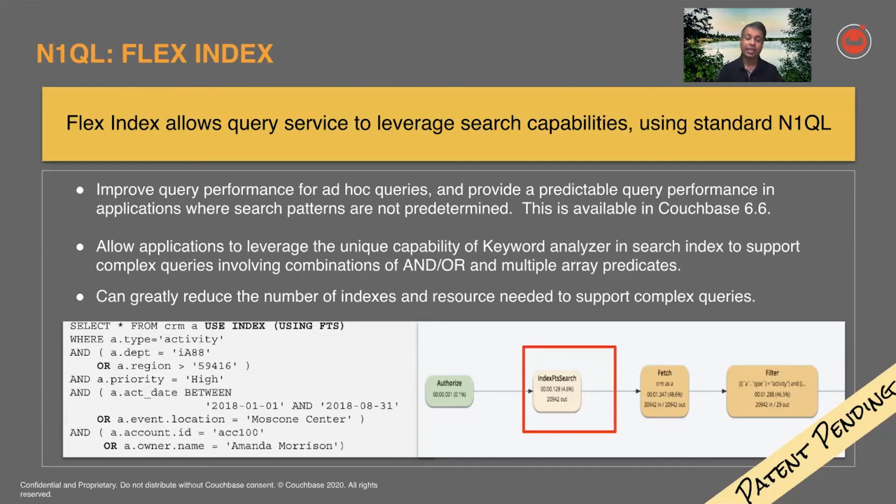In this case, you do have to use the USE INDEX directive to specify that you want to use the FTS index for this query. And when the query successfully uses the FTS index, you see the index FTS search as a stage within the query plan. Of course, we haven't enhanced the cost-based optimizer to use this explicitly. That's why you need the USE INDEX predicate. Improving that is in our plans as well.